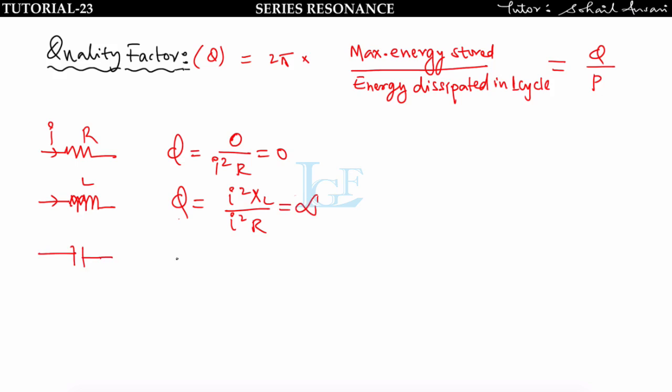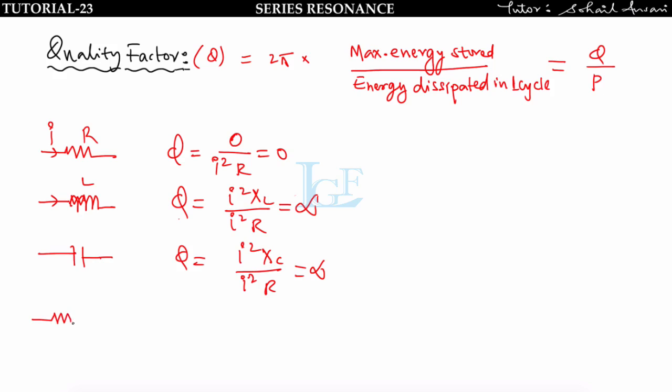For a purely capacitive circuit, it is I RMS square XC upon I RMS square R, which is also infinite because the resistance is 0.